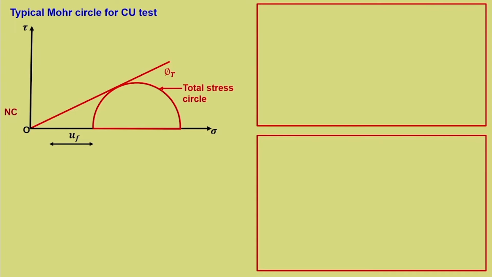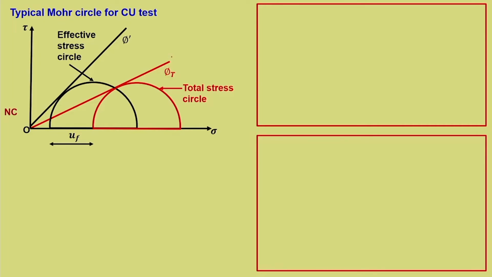So, we have already measured pore water pressure, and measurement of pore water pressure is invariably necessary in the case of CU test. So, once we know uf, that is the pore water pressure at failure, one can plot the effective stress circle. So, this is the effective stress circle. Now, if we draw the failure envelope, that is given by phi dash.